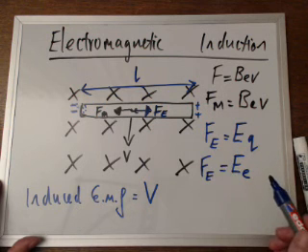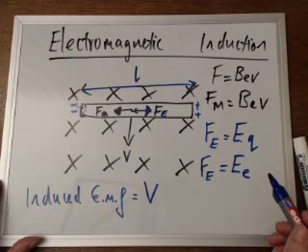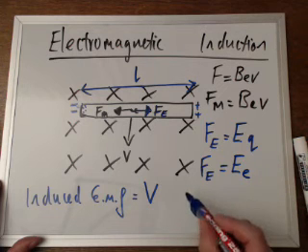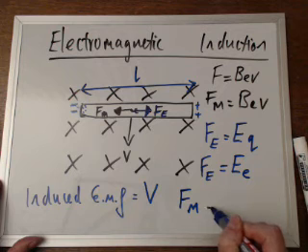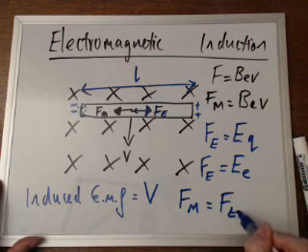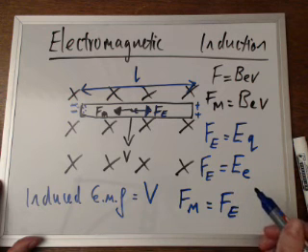So they will be in equilibrium. So you could therefore write, quite justifiably, that the magnetic force Fm will be equal to the electric force acting on that electron.